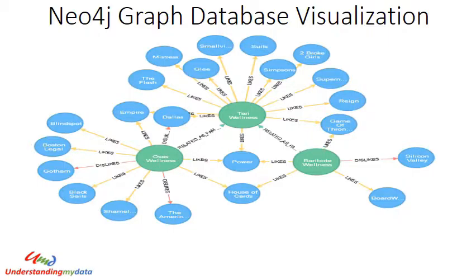Baripote Wellness likes House of Cards. And Baripote likes Power. You can see very well that our nodes are connected by relationships, and that's all you need to know about it. That's the basic definition of a graph database: nodes connected by relationships. It's very easy. It's not very complicated.